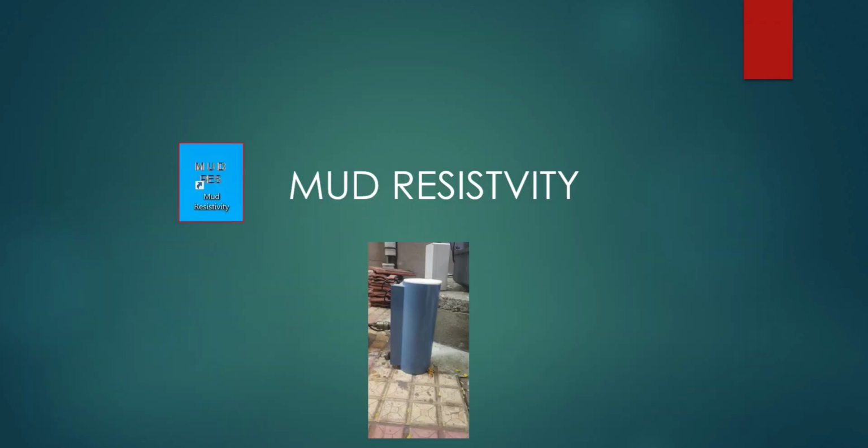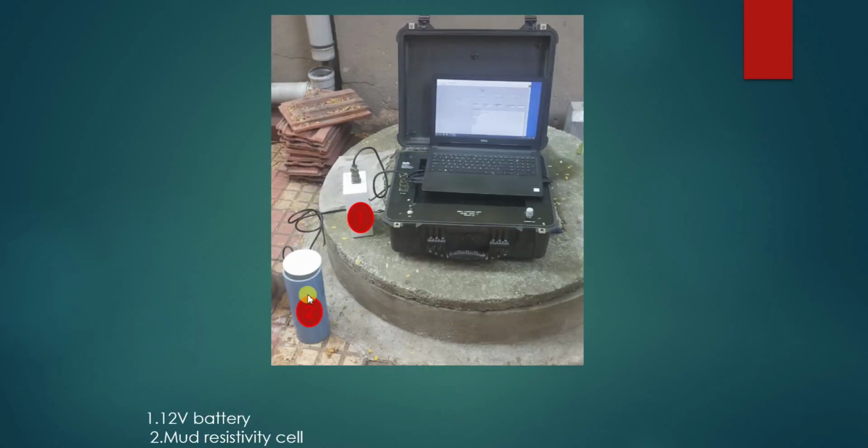And finally, we have mud resistivity also. Mud resistivity is used to find the resistivity of the drilling mud that is being used in the field while drilling. So we take a sample of mud and fill it in the barrel, and then we have a 12-volt battery connected, powering the mud resistivity system.